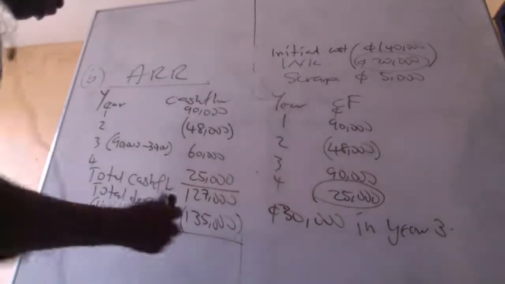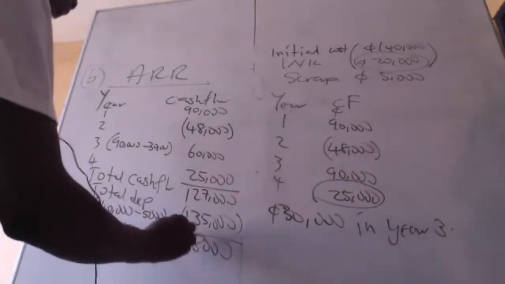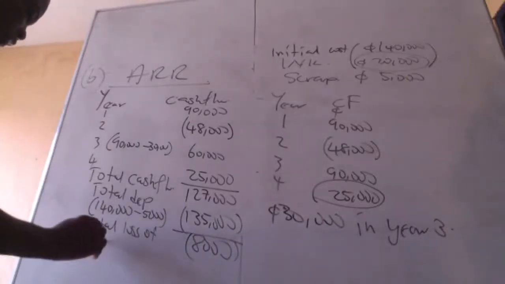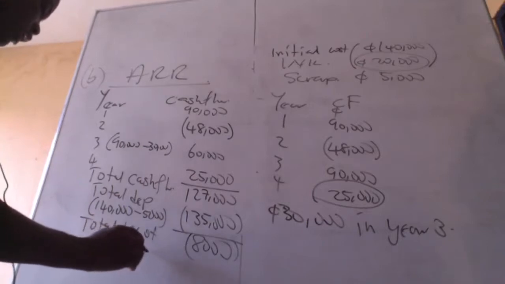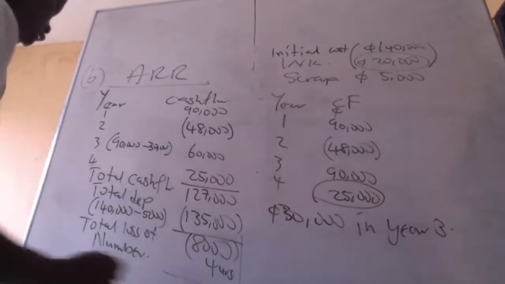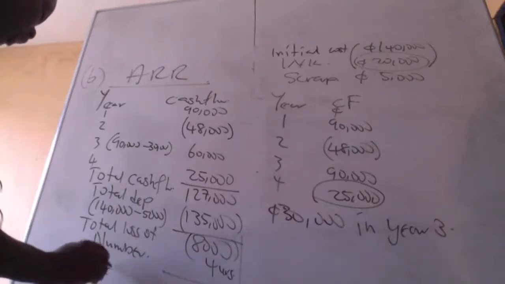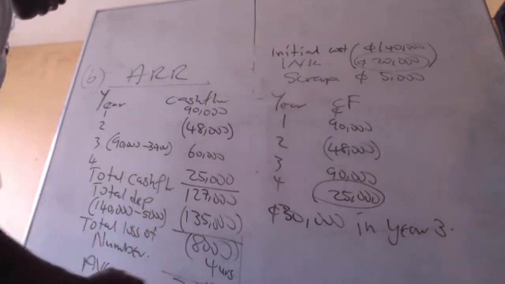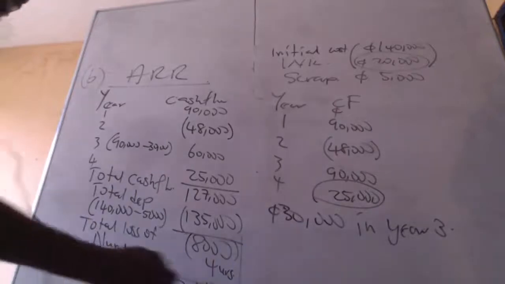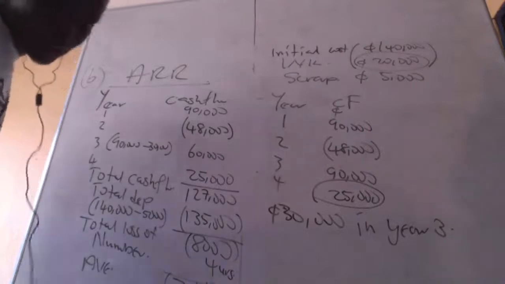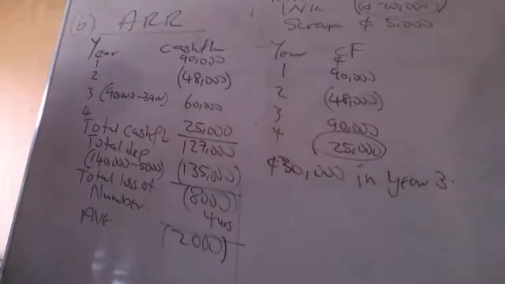There will be a loss of 8,000. And then the project life, number of years, is 4. So what's the average loss? On average, each year we get a loss of 2,000. And once it's giving us a loss, we shouldn't even proceed to undertake the project.